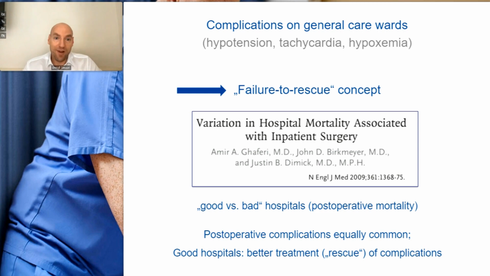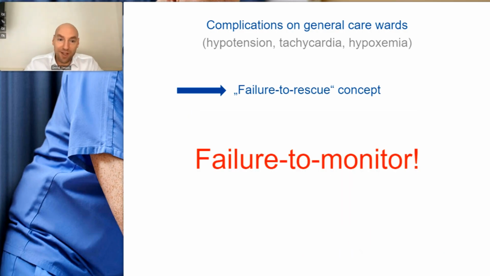And I would say the goal would not only be to minimize the failure to rescue rate, but we need to improve our failure to monitor. So we need to avoid that we don't monitor patients, or monitor patients only intermittently, and fail to identify the complications early.